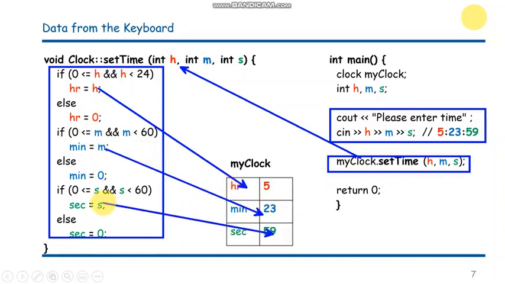Lastly, it is going to check 59, and then copy that also into our object. So this data is from the user, and we supply it to setTime. Then setTime passes it to its definition, and this function is then going to copy that data into the object.